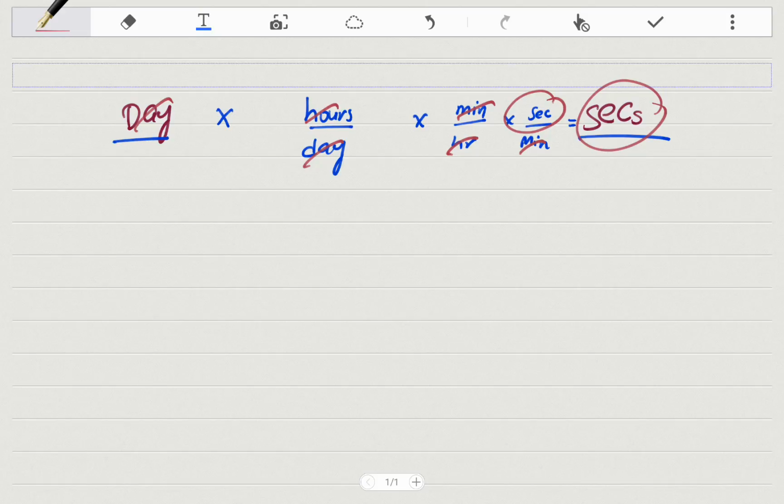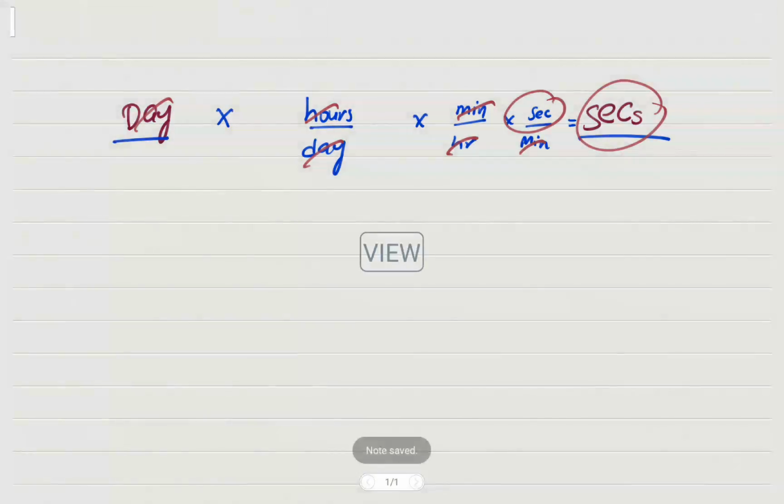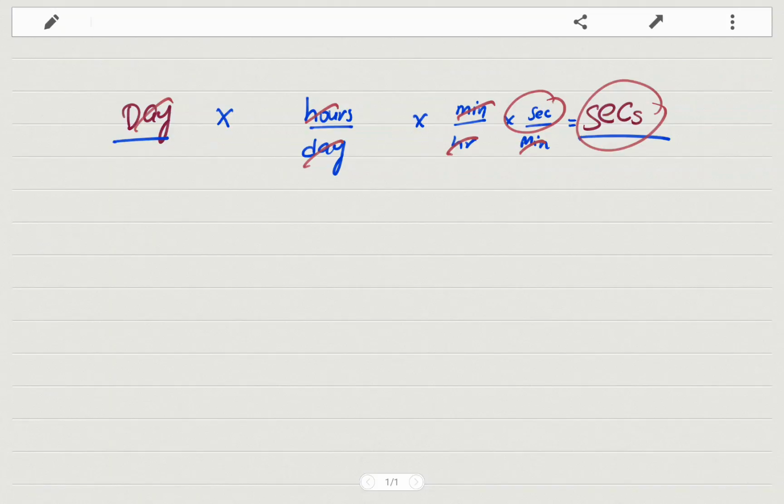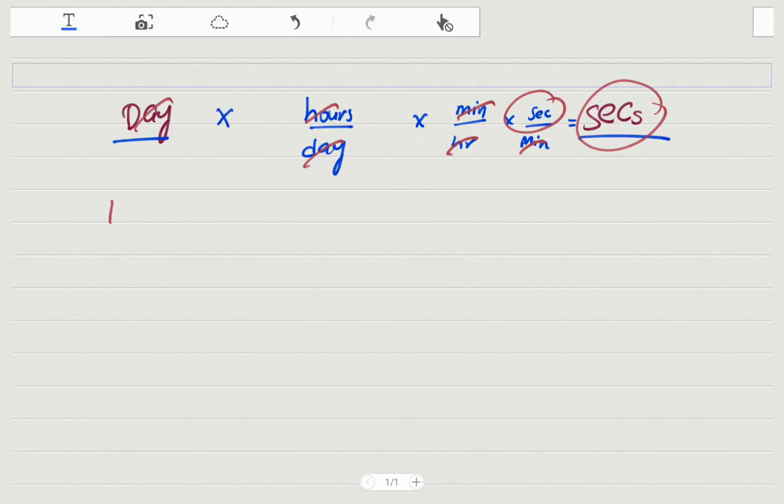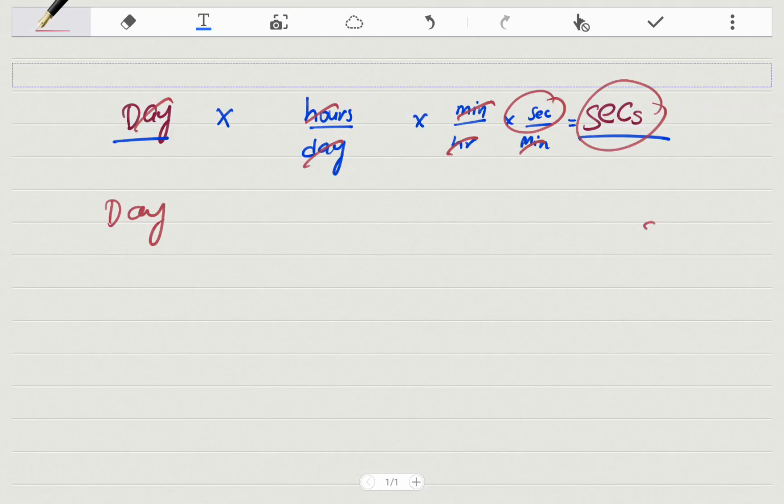Let's do this formally, and let's look at a more complicated process. Again, just the way the process sounds, you have to go from day to seconds, right? You have day on the top on this side, but you're going to end up with seconds on the top on that side.